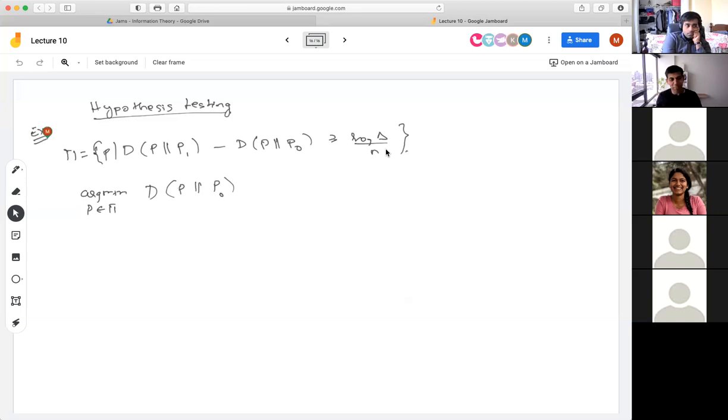So just based on this, we wrote down some form for this one, that it looks like P0 to some power, P1 to some power, normalized by some denominator.